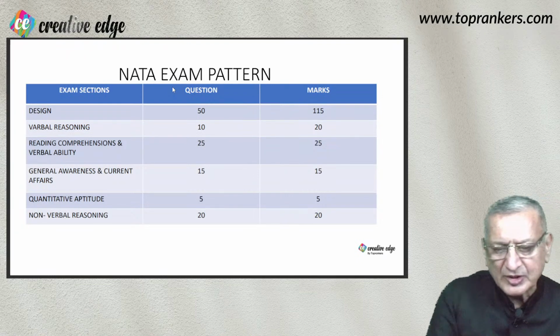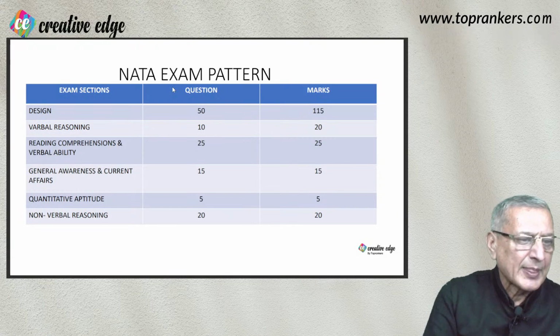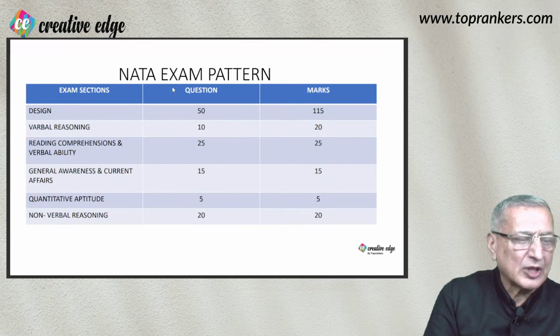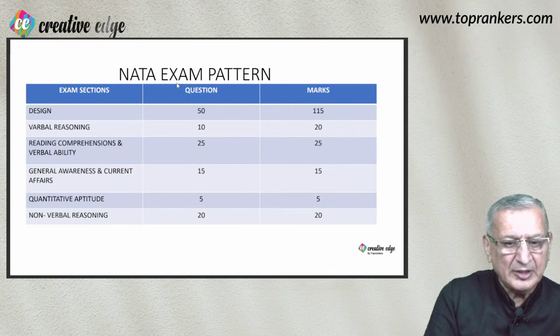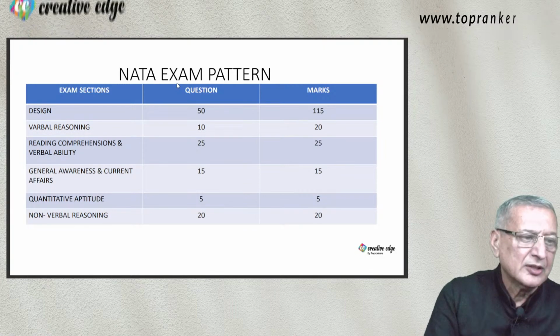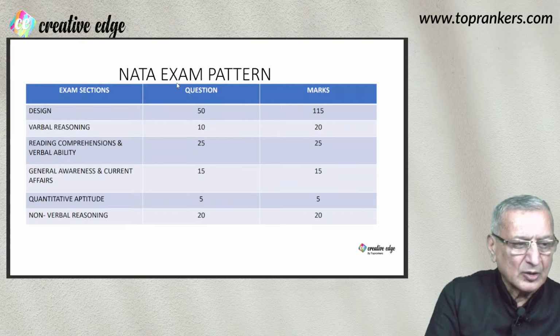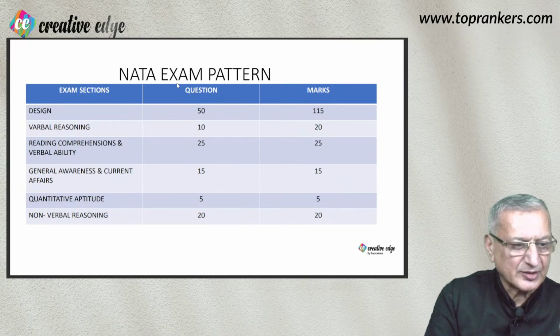First of all, let me also tell you about the NATA pattern. The NATA pattern design has about 50 questions, and the marks allocated are 115 to those 50 questions. Now, these are design questions. Design means the visual perception, the visual understanding, and understanding of an artwork or a design, including the AAT, Architecture Awareness Test.